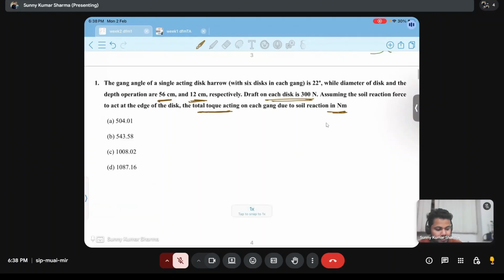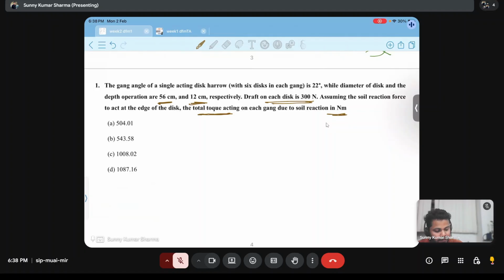Just now, I have discussed that thing. Everything is given: disc diameter, depth of working, disc angle, and draft. From draft, how to calculate the torque acting or torsion moment? You need to find that. Calculate this value.